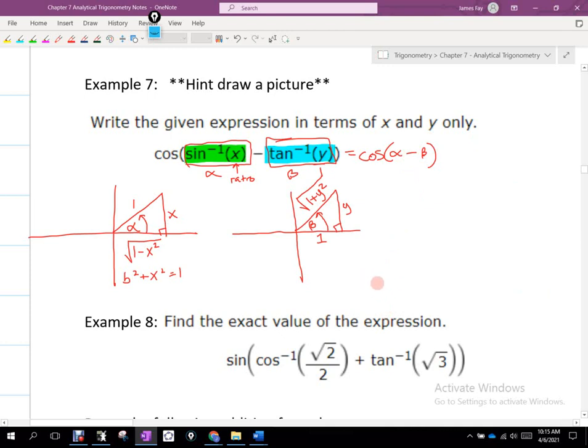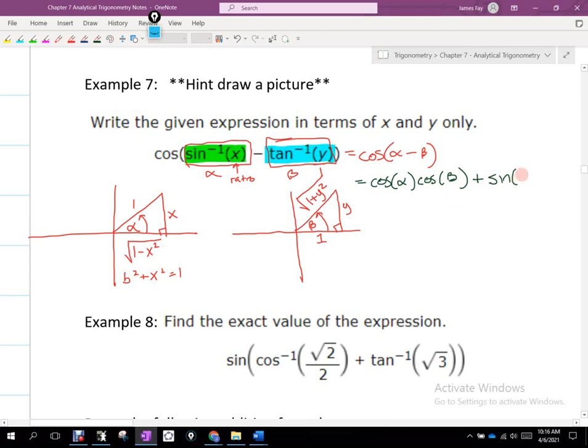Okay. And now because we have the images here for our alpha and our beta, we can use, in this case, the difference formula for cosine that says cosine of the first angle times cosine of the second angle. And then you use the opposite sign, so that's a minus, we're going to use a plus.